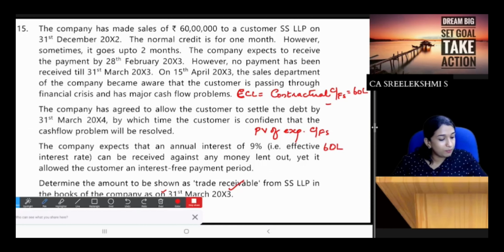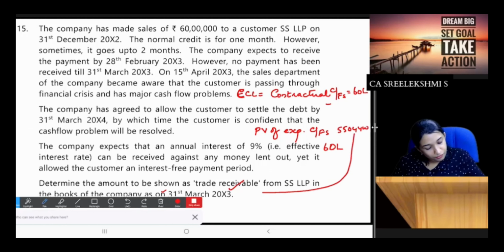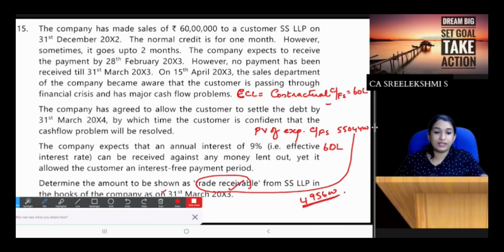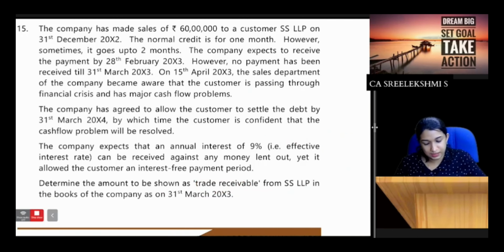So 1 divided by 1.09, 0.9174. 60 lakhs into 0.9174, 55 lakh 4,400 is the amount of trade receivables that will be shown. The difference will be written off as expected credit loss. 4,95,600 from P&L to ECL will be recognized. Okay, so this is a basic question.